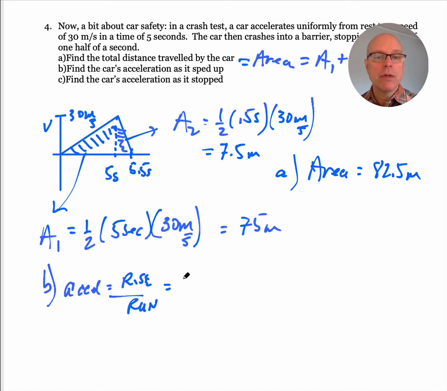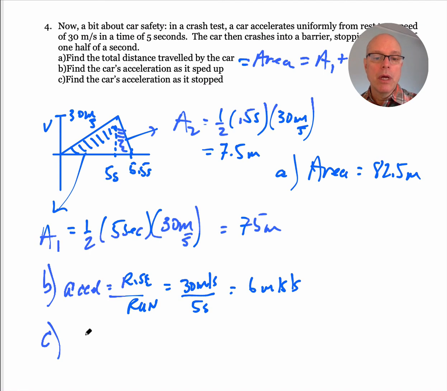It's V2 minus V1. V2 is 30 meters per second. The car had 0 velocity in the beginning, so the rise is 30 meters per second. Over the run was 5 seconds, so the acceleration of this car was 6 meters per second squared, which is still pretty quick for a realistic car.